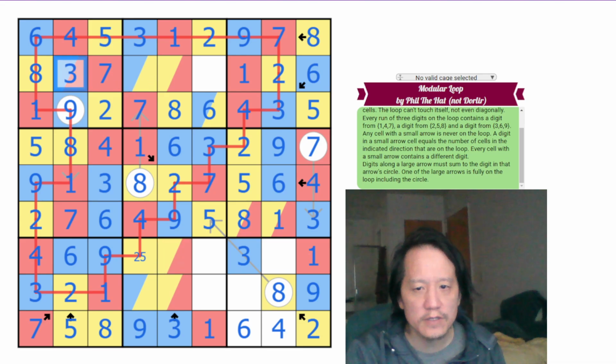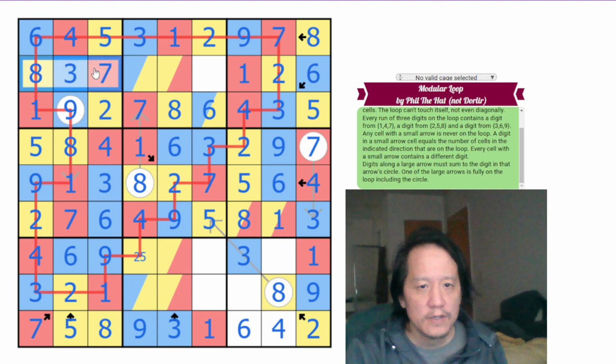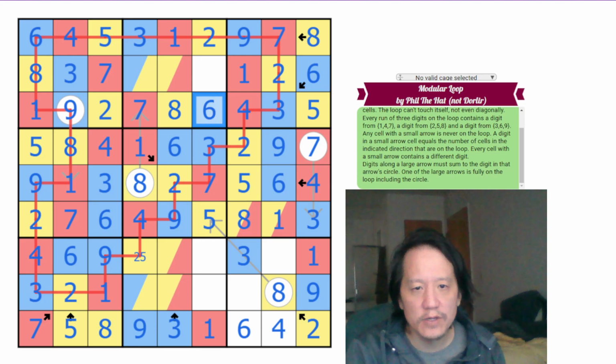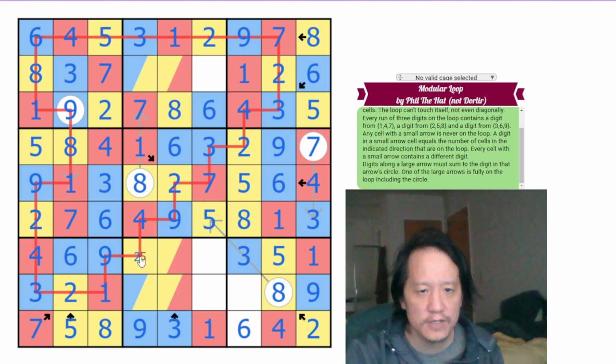Okay, let's try to get the coloring back. So this can't be red. This can't be yellow. So it's blue, blue. This can't be yellow. This can't be red. So this is a red, and it's a, no, the red is down here. This is now a yellow, so this is 5, which forces that to be 2.